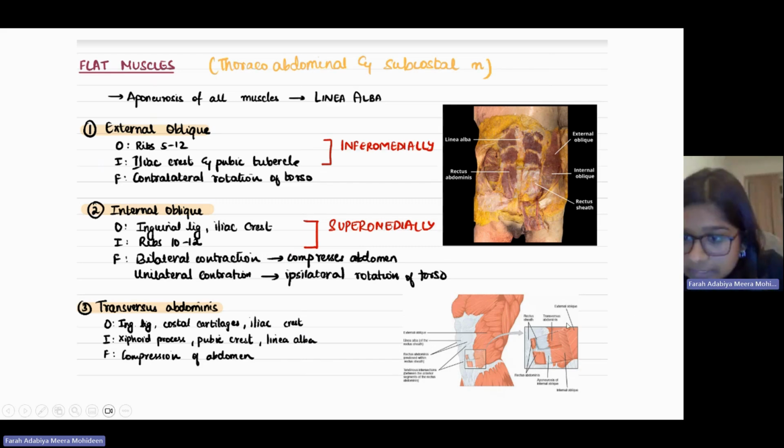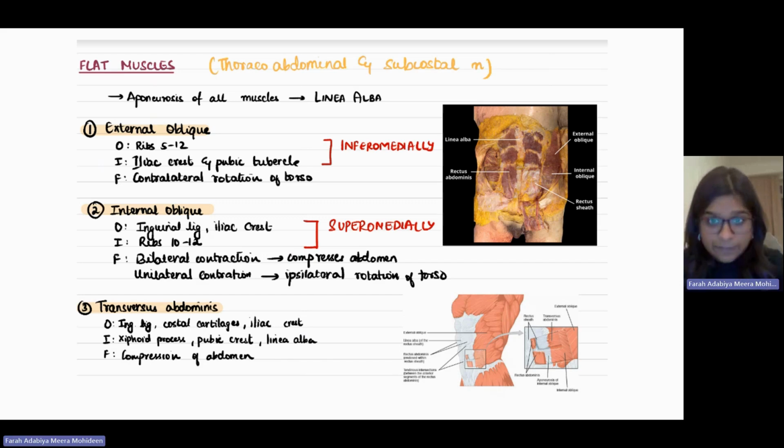You can see it in the pictures, the difference in the direction of fibers: external oblique, internal oblique, and then your transversus abdominis. External oblique, hands in pocket; internal oblique, opposite of that; transversus abdominis, transverse direction of the fibers.